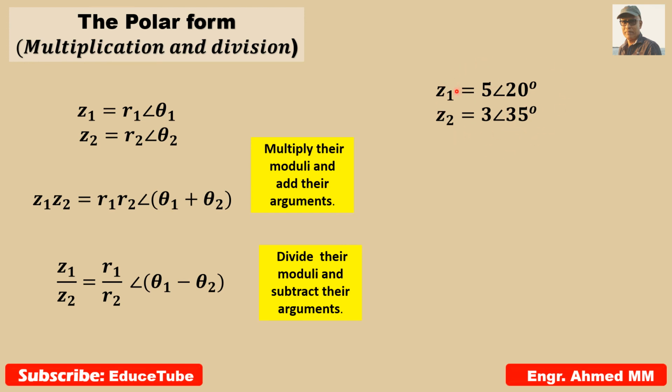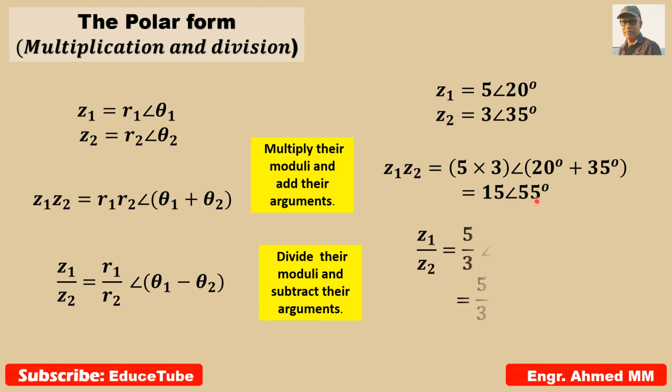This is polar form. So how to multiply? Very easy. We have to follow this. These two moduli will be multiplied, but the arguments will be added. So we got 15 and 55 degrees. If we do division, it's very easy. Divide the moduli and subtract their arguments. So we got 5 by 3, angle minus 15.